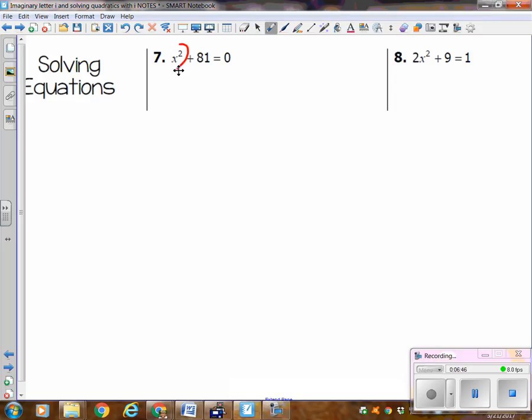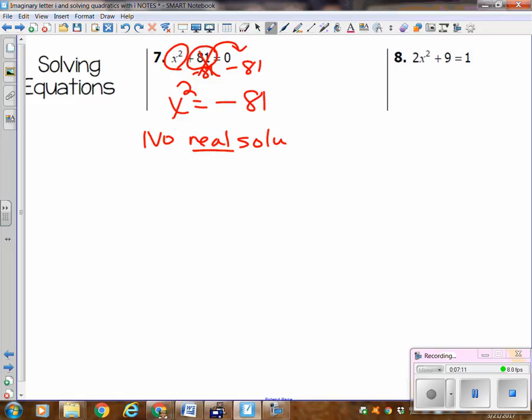So now I'm going to get x squared by itself. How do I get rid of 81? I'm going to subtract 81 and take it to the other side. So I get x squared is equal to negative 81. Now, in the very first lesson, our answer was no real solution. That's still the case. But as of today, I am able to give an imaginary answer.